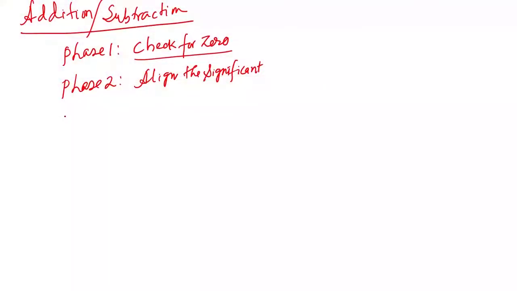You move the significand portion to the right or left, and accordingly you decrement or increment the exponent. So, based on that you align the number.